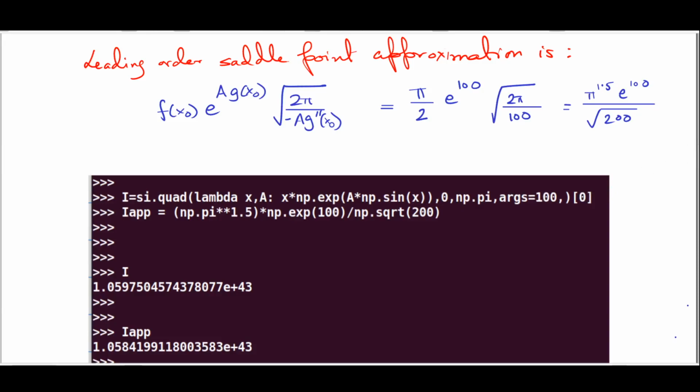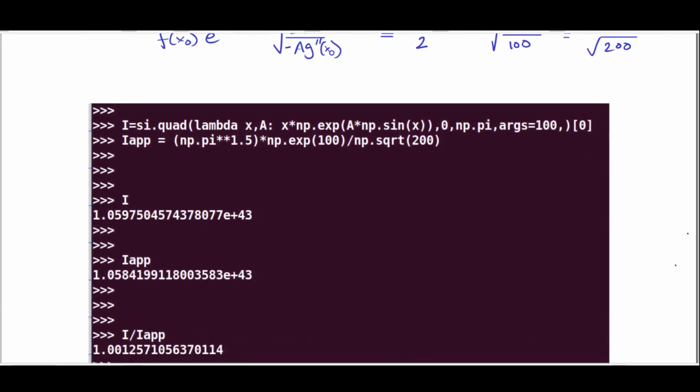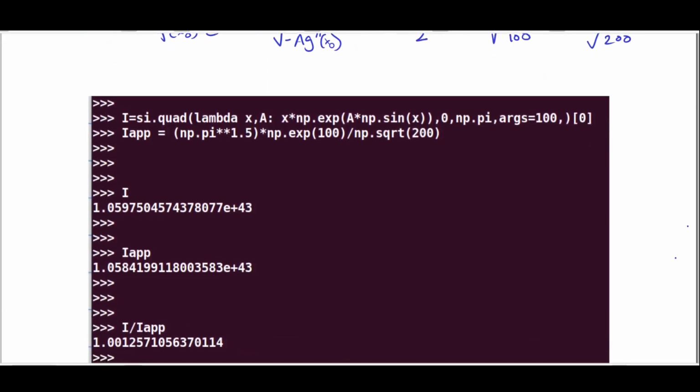To see how good this really is, let us take a look at the ratio I by I app. And that turns out to be 1.00125, followed by some further numbers. Notice that C2 was calculated as 1/8, and C2 by A, which is 1 by 800, is exactly 0.00125.